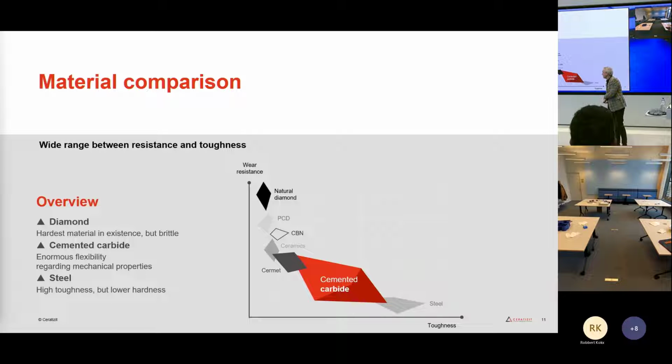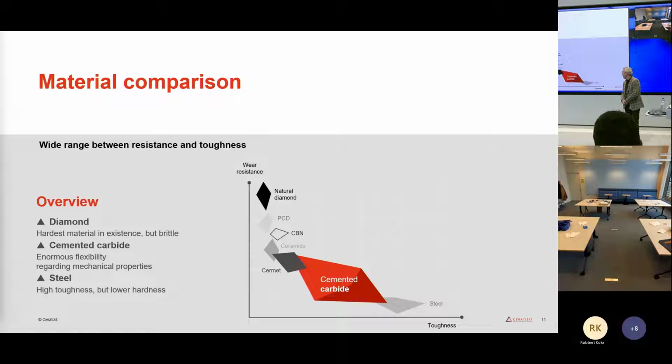The materials you can see, this is an overview between the wear resistance of the materials in combination to the toughness of the materials. As we all know, the hardest material is the diamond, or the natural diamond, and also the PCD diamond. Then we have a phase in between with cubic boron nitride, ceramics, cermets, and then we come to our material.